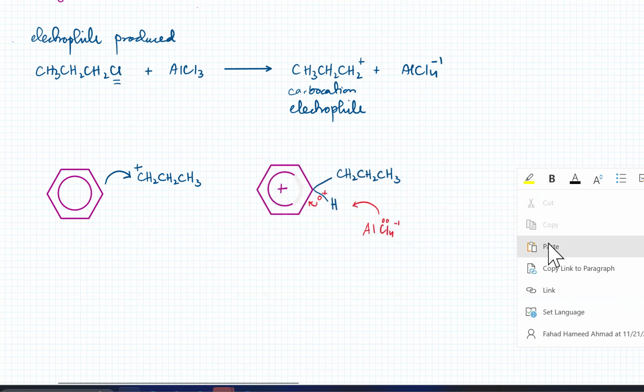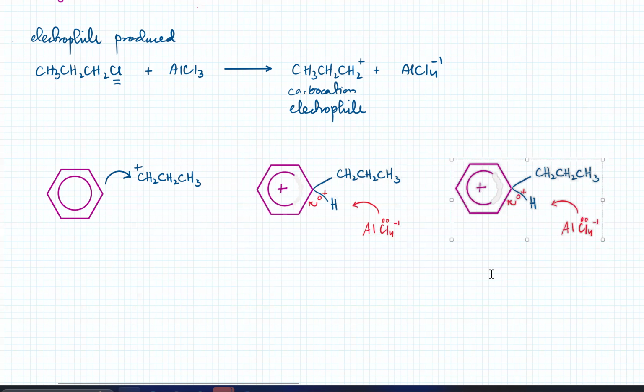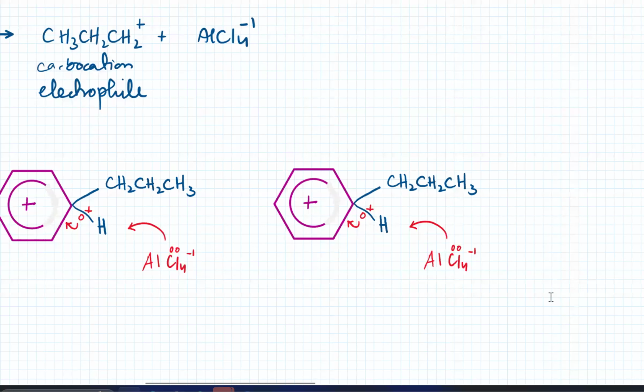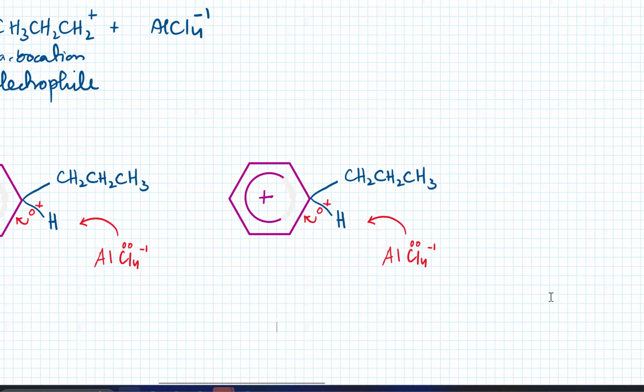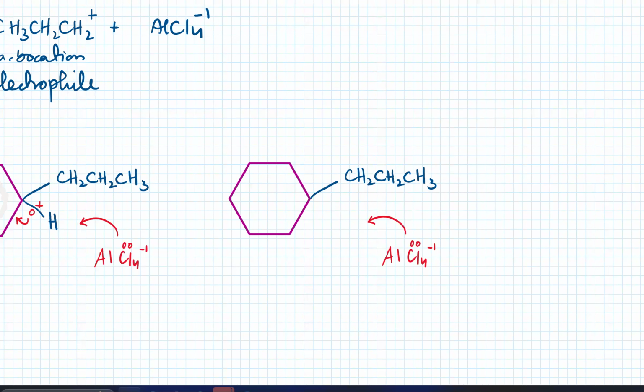So the next step is you will get your product, which is that the H is going to leave. Okay, the benzene will get its electrons back. So hold on a second. Benzene will get its electrons back.